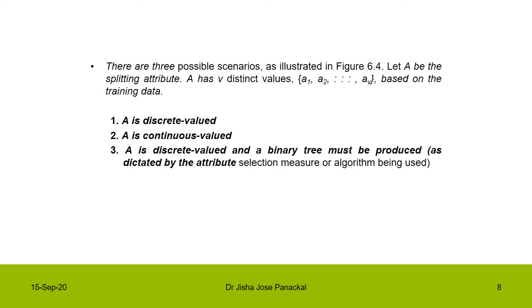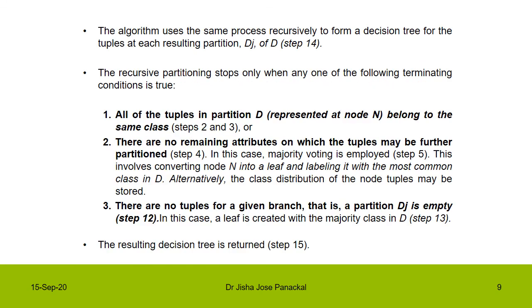So A is discrete valued, A is continuous valued, or A is discrete valued and a binary tree must be produced, as dictated by the attribute selection measure or the algorithm being used. And we will decide how this attribute is selected based on the attribute selection measure. The algorithm uses the same process recursively to form a decision tree for the tuples at each resulting partition Dj of D.